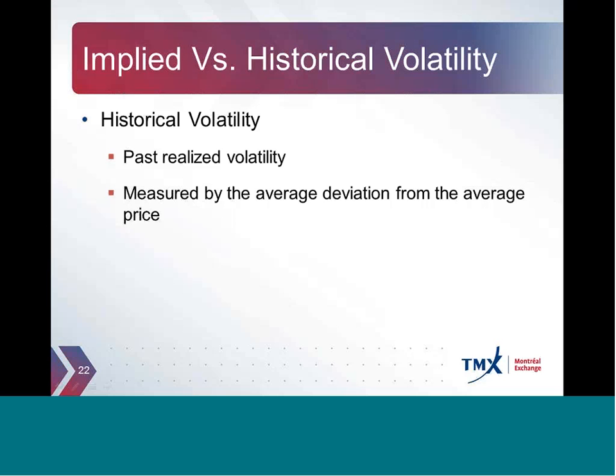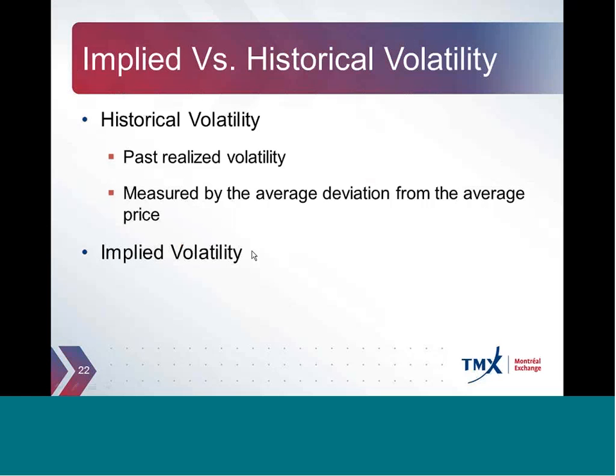We want to understand that there are 2 types of volatility that we reference when it comes to trading options. The first is historical volatility, which is a reflection of the past or realized volatility. So how much has the stock moved above or below its average price? It's a measure of the average deviation from its average price.